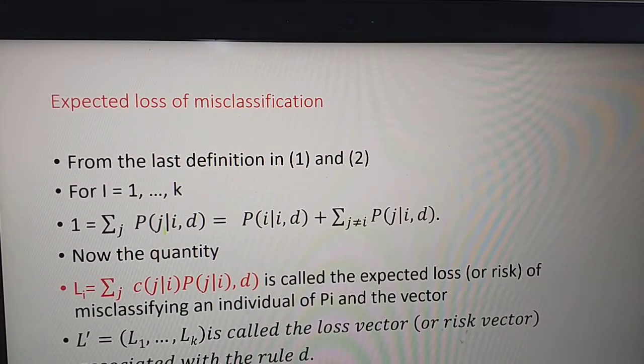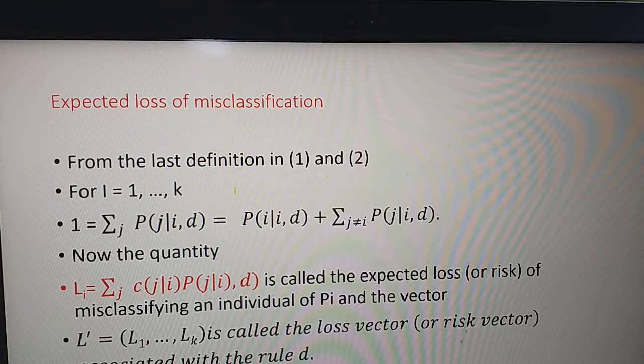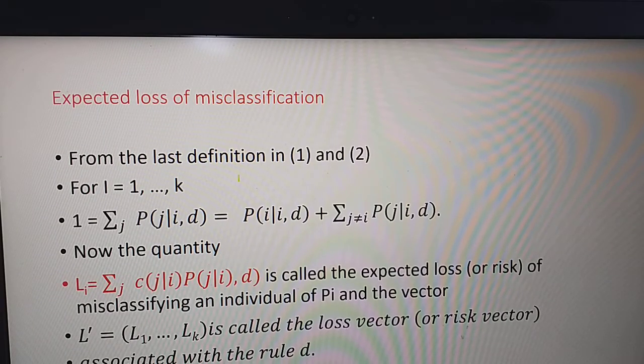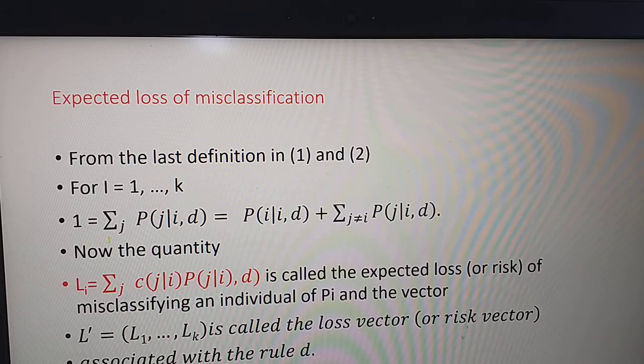Now, expected loss of misclassification. This is the risks or the expected loss, what we have already seen in first semester in decision theory. For i from 1 to k, 1 is equal to the summation over all j of P(j|i) by the rule D. That is the probability of misclassifying an individual of the population Pi to the population Pj.